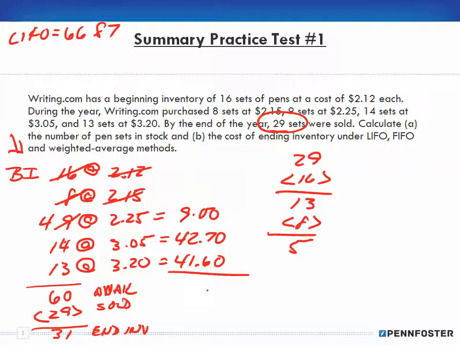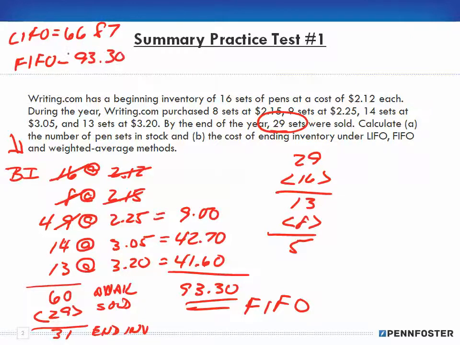And so we just add those up, and we end up with 93.30 as our ending inventory for FIFO. Okay. So FIFO is 93.30.